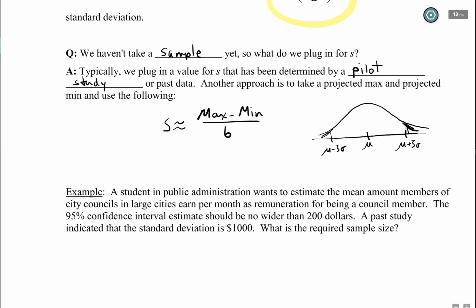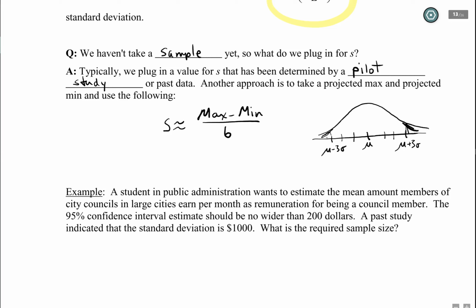But the point of what I'm getting at is that there's 3 standard deviations going from mu to mu plus sigma, mu plus 2 sigma, mu plus 3 sigma. There's 3 standard deviations to go from mu to mu minus sigma, mu minus 2 sigma, mu minus 3 sigma. So there's 6 chunks there.